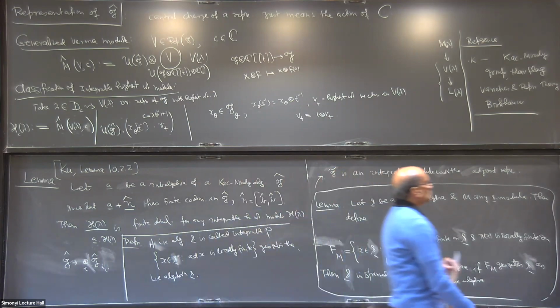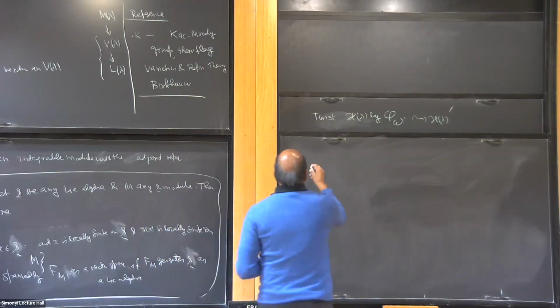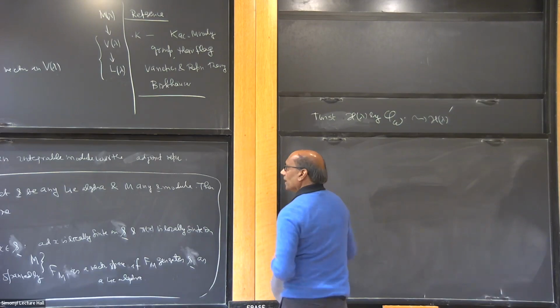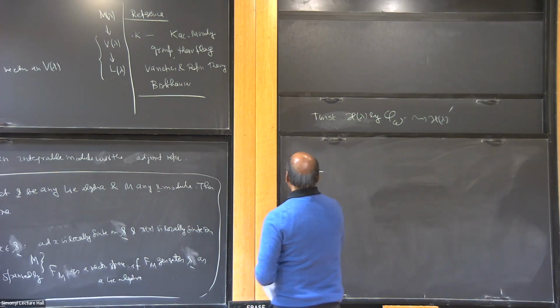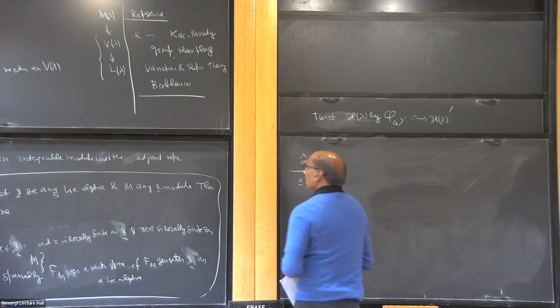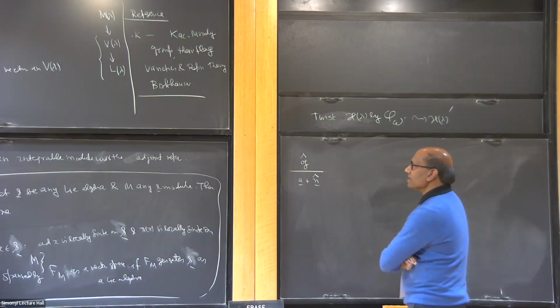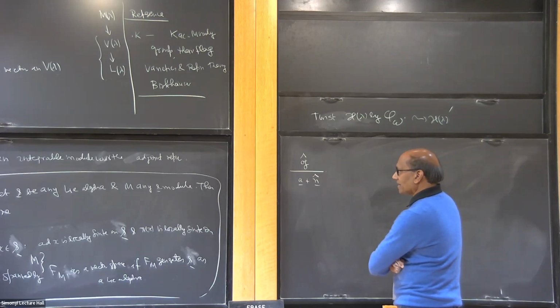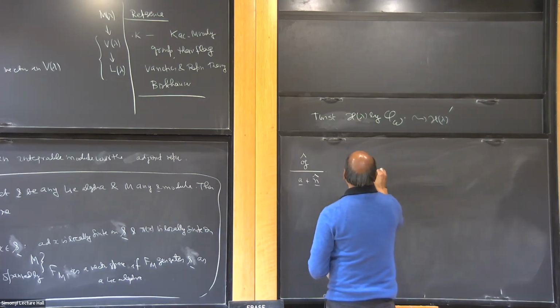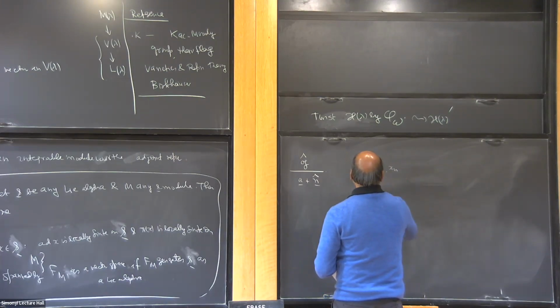So now I'm going to take G divided by A plus N. And by assumption, this is finite codimensional, so this is a finite dimensional space. So this will be spanned by some vectors x1, ..., xn.